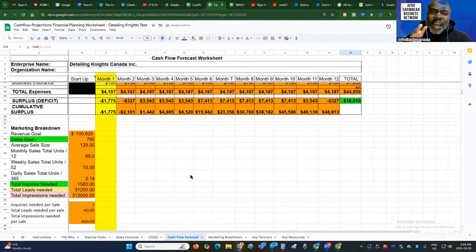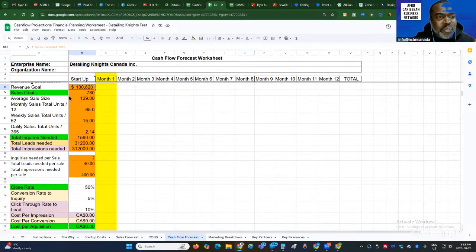And again, a lot of times, a lot of these calculations initially will be estimates, and then as you're operating your business, you're going to start to find out the exact numbers so that you can plug them in. But our revenue goal right here is 100,000, and we know we need to sell 780 units to hit this 100,000.